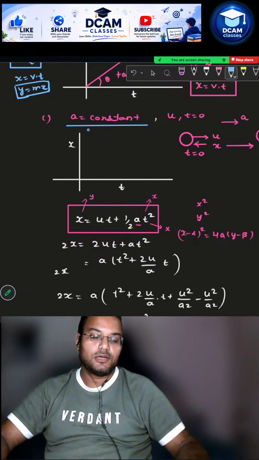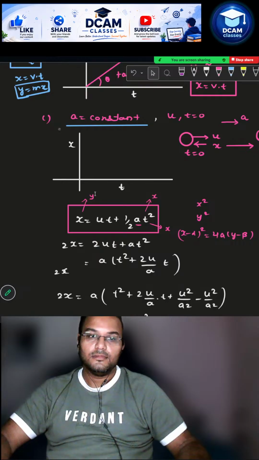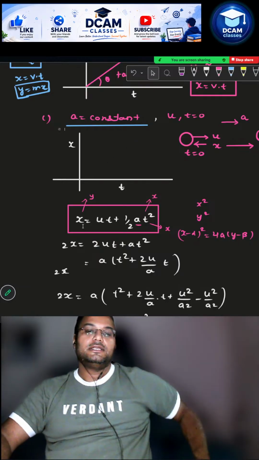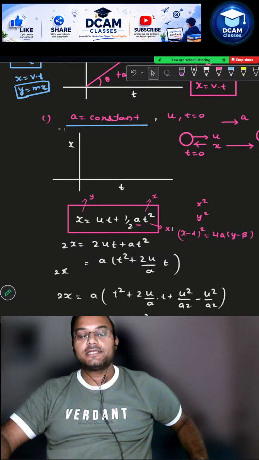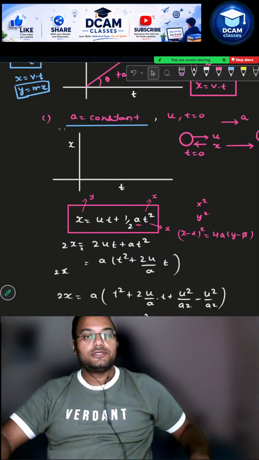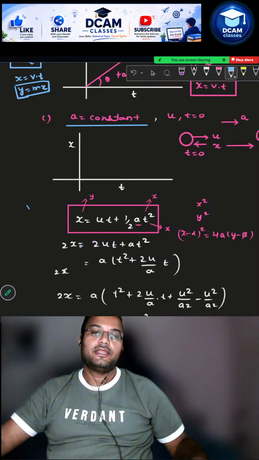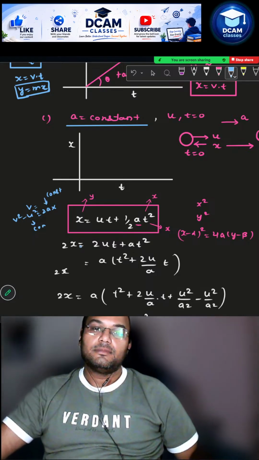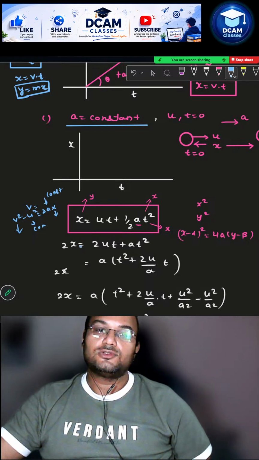Here the knowledge of parabola would work. Because if acceleration is constant, we know the relation connecting x versus time t is x is equal to ut plus half a t square. I'm not using v square minus u square is equal to 2ax because v is again a variable there. Acceleration is constant, but v is a variable, x is also a variable.